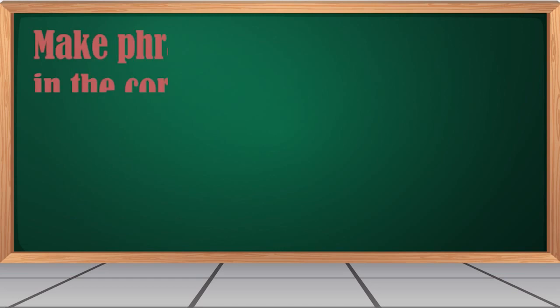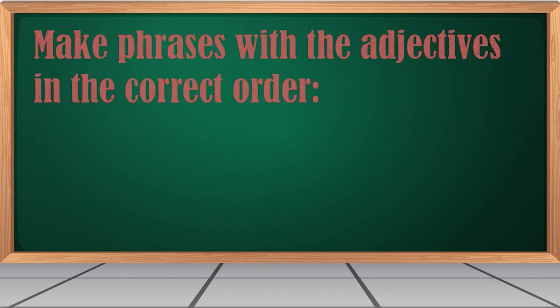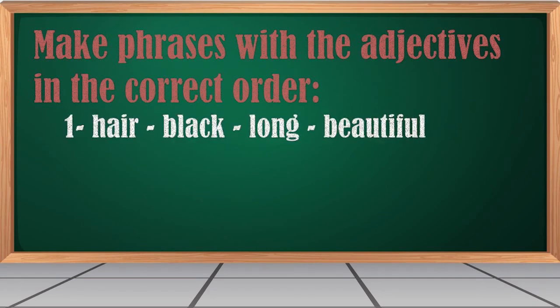Now let's practice. Make phrases with the adjectives in the correct order. Number 1. Hair, black, long, beautiful. Yes. How to make these adjectives in the correct order?